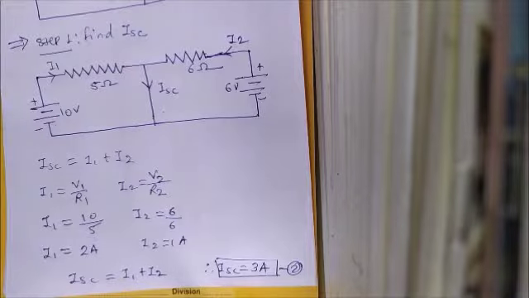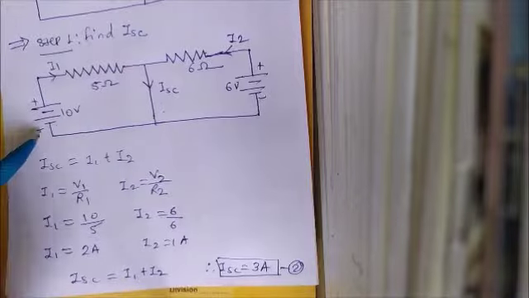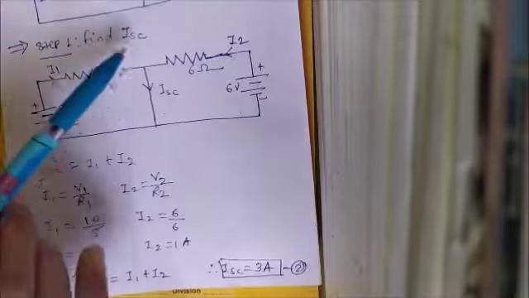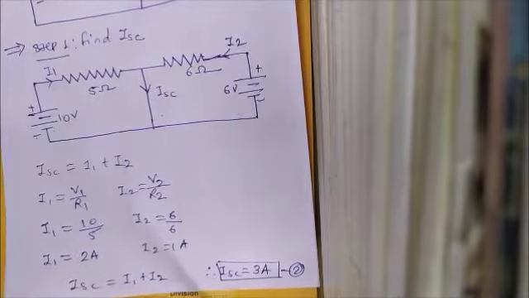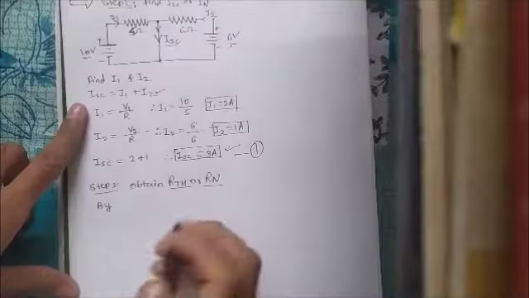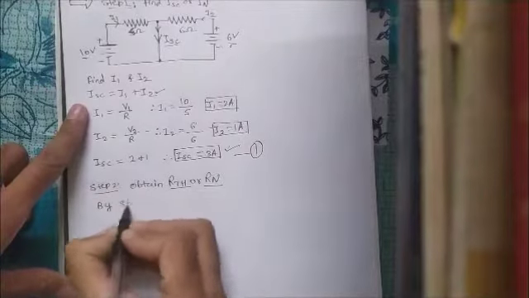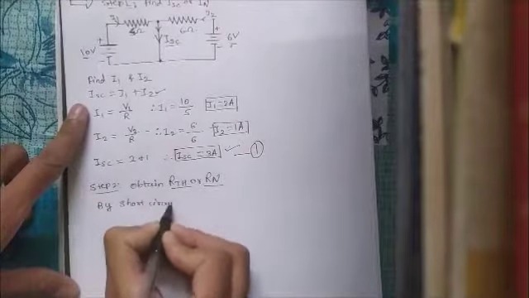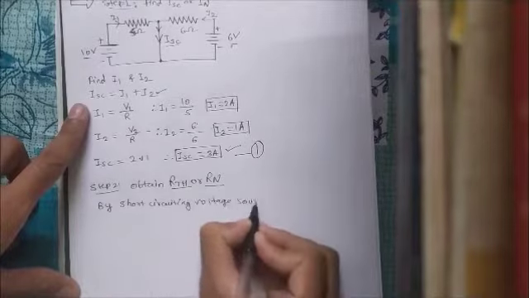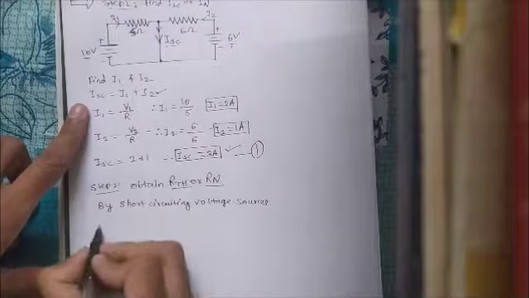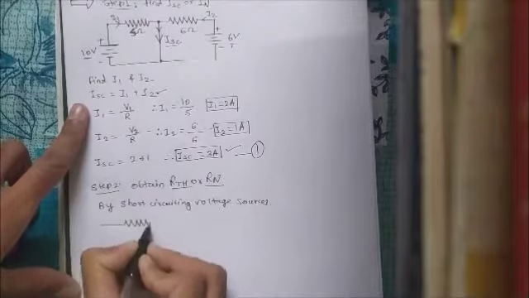Now for the second step, to obtain the RTH, we have to short circuit the voltage sources and open circuit, that is remove, the branch of 5 ohm, so that we can calculate the RTH or Norton's resistance. By short circuiting the voltage sources, your circuit will rearrange in this manner.